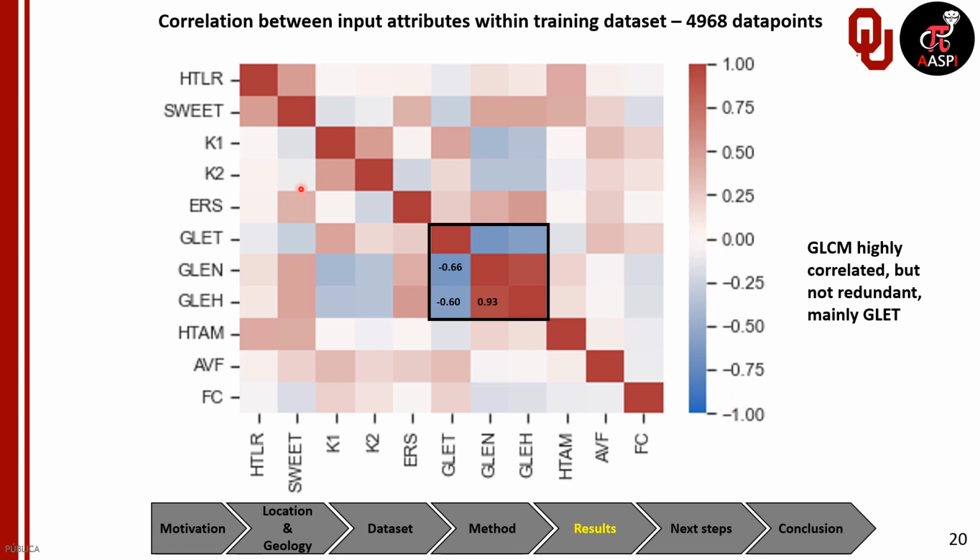So most of the attributes have very low correlation with each other. The exception is the texture ones, which have a kind of high correlation, but they are not redundant. As you can see here, the correlation is about -0.6, so they can complement each other.